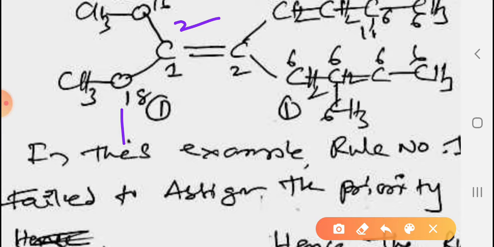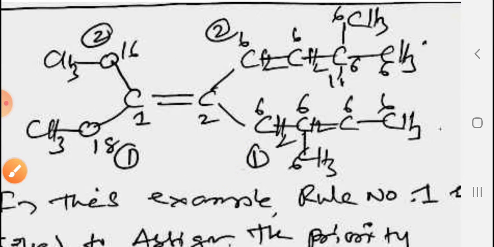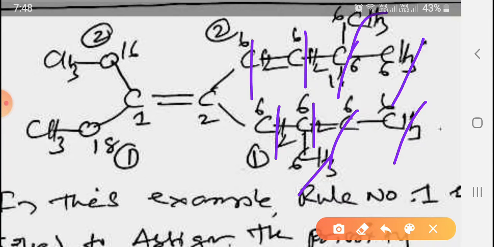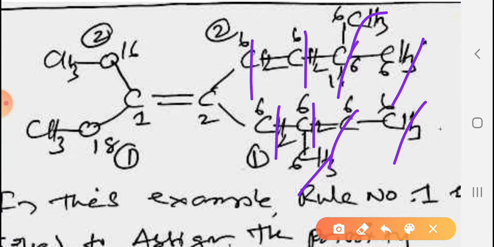And if you go through this side, here 6, priority not decided. Then also 6, till the end 6 atomic number is there or 1 is there finally. Hence rule number 1 and sub rule number 1 are also not valid here in both cases.